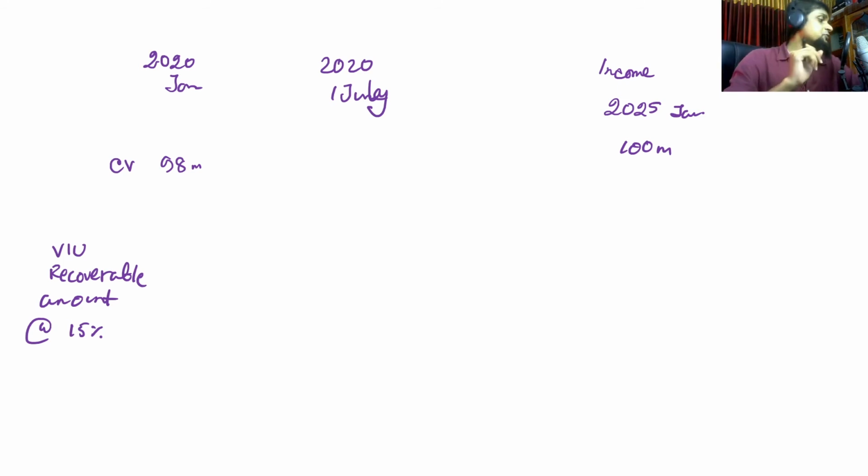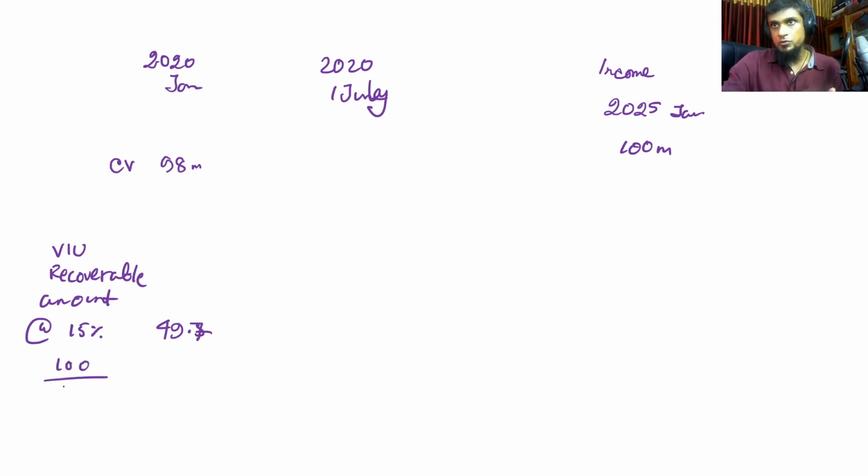At 15% we need to discount it. Yes, let's do the discounting. 100 million divided by 1.15. How many years are there? 2020 to 2025, January, that is 5 years, to the power 5. It's only $49.7 million.